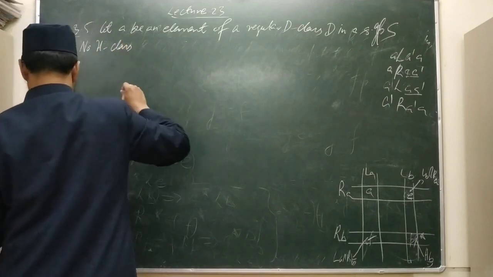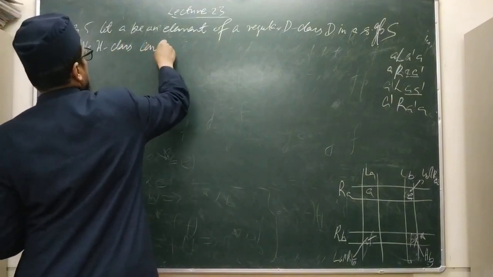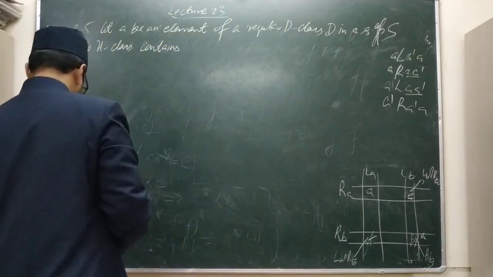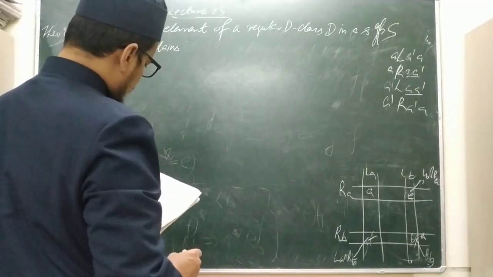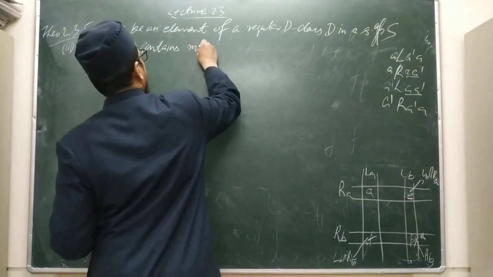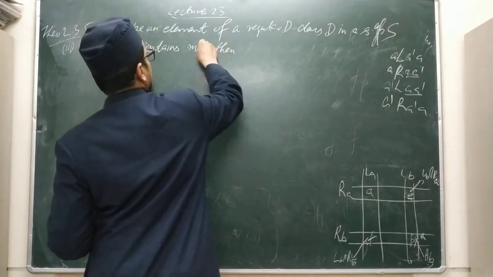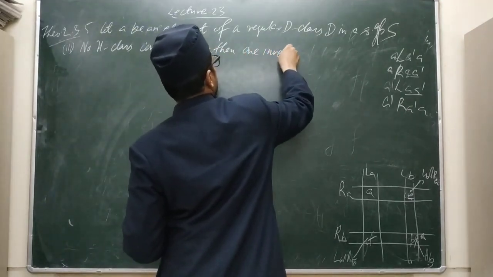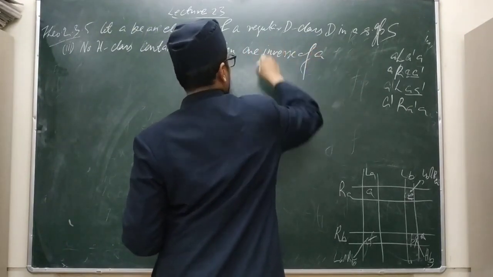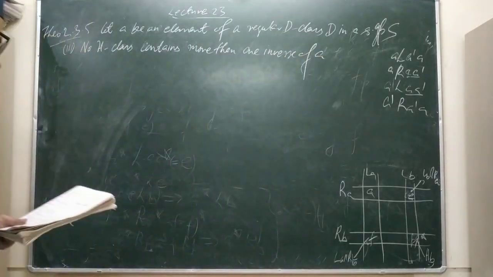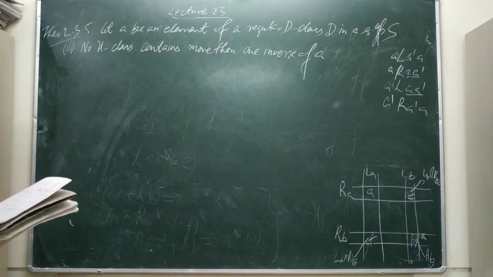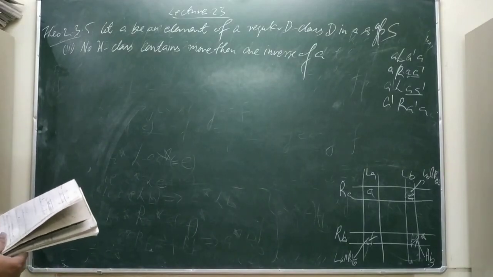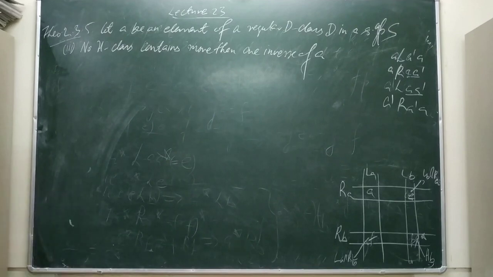No H class contains more than one inverse of A. So basically what is the idea?